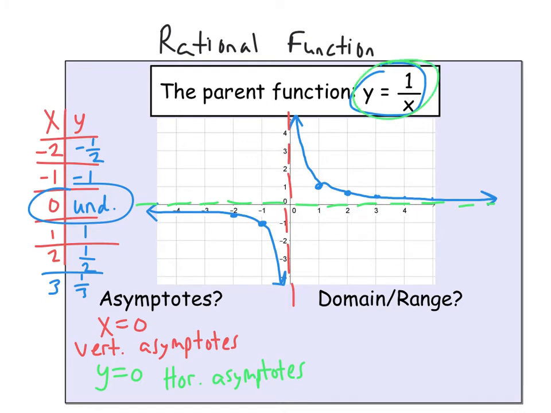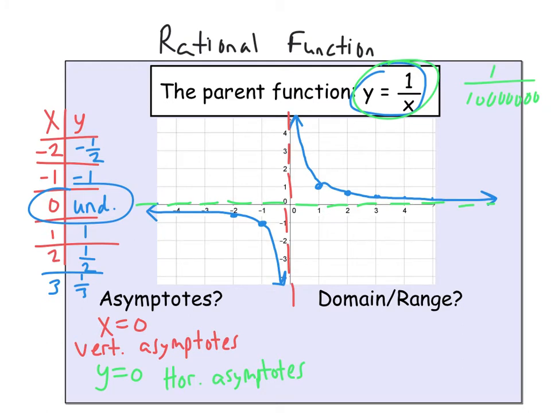As x gets big, x is 100, x is 1,000, x is 1,000,000, the y value is approaching 0, right? If you put 1 over a huge number, the whole fraction is going to approach 0. It's never quite going to get there though, okay? So the x-axis and the y-axis in this case are both asymptotes for the parent function, right?